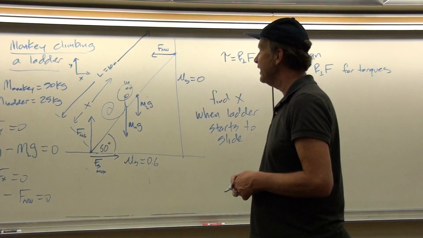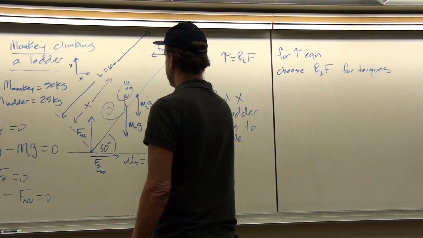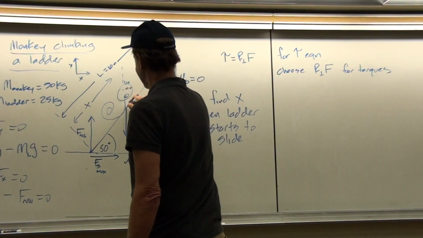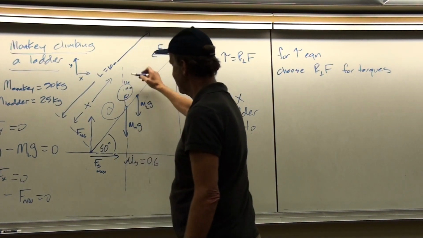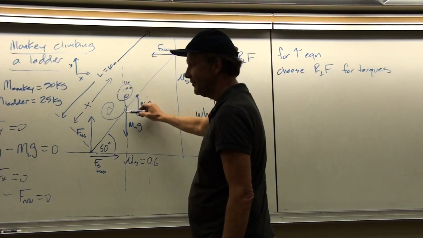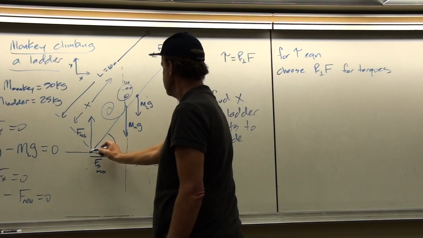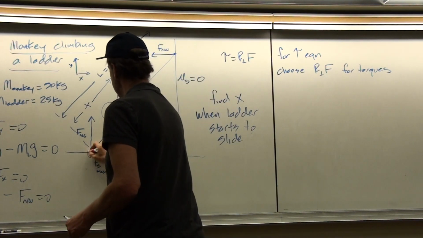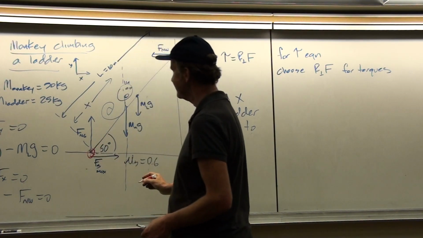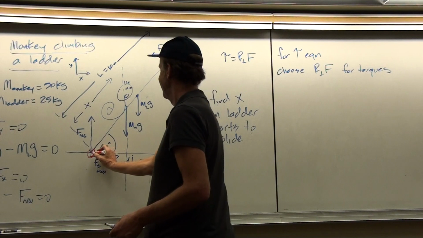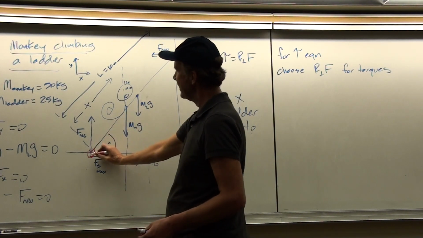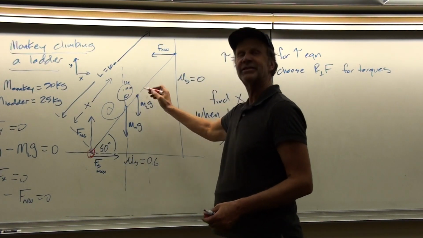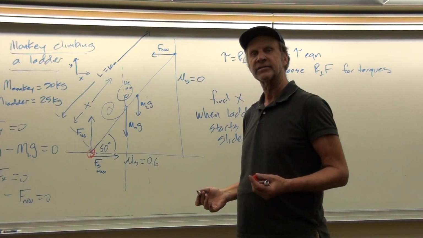What I'm going to do instead is extend the force vector lines, for example, with the monkey. I'm going to extend this force vector line. Then I'm going to draw a line that goes from my pivot point, which I'm going to choose to be here, just because that seems like a good pivot point. And it's also where I'm measuring x from, so that means I don't have to redefine x.